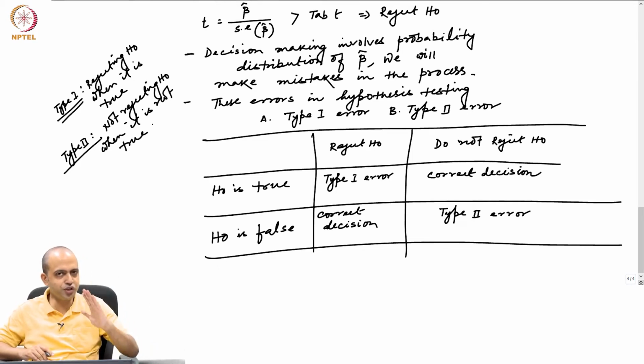Okay, this is the simplest way to remember type 1 and type 2 error. Rejecting the null when it is true is type 1, not rejecting the null when it is not true is the type 2 error.